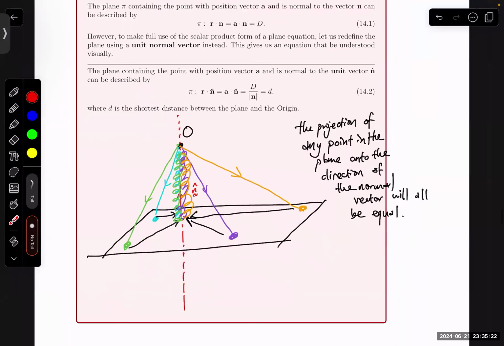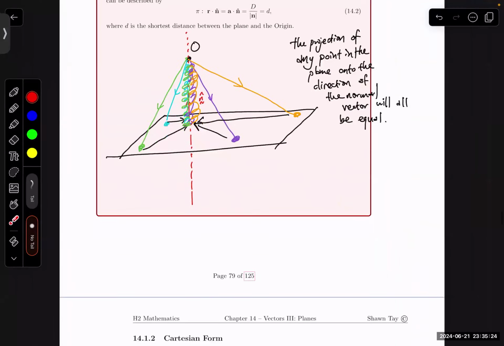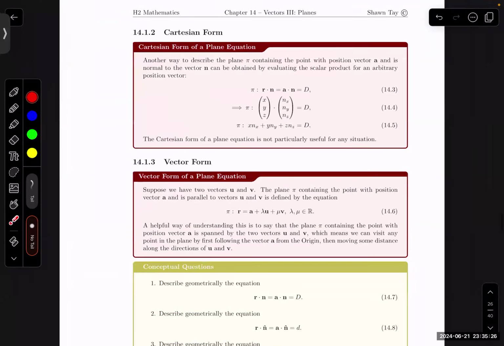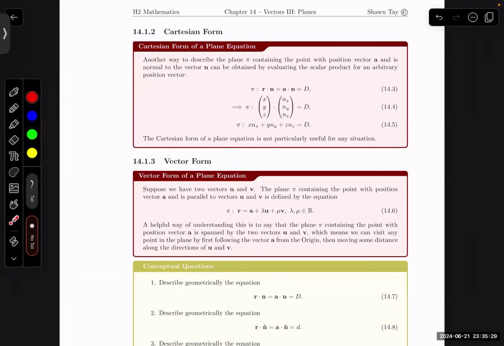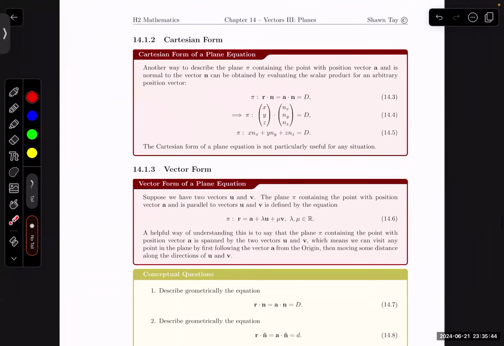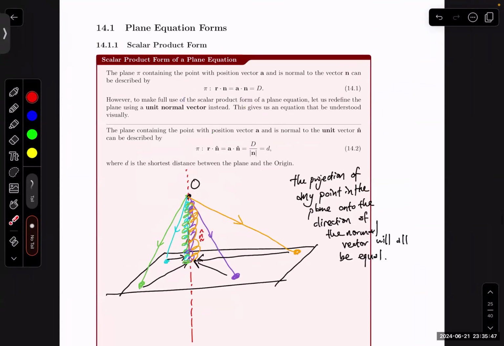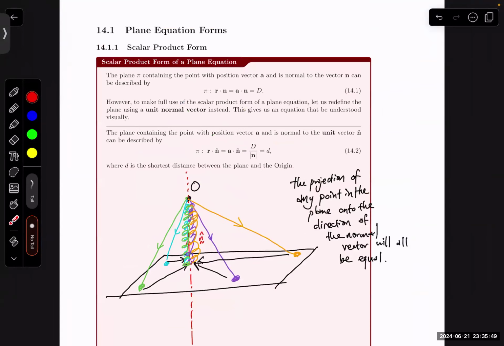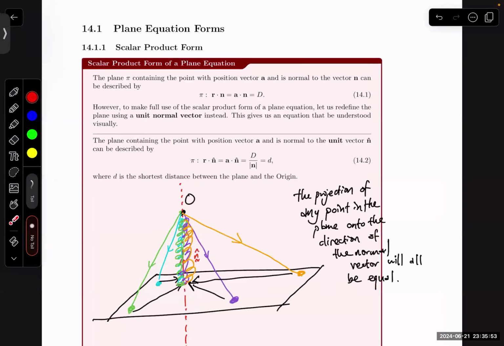Okay, so let's scroll down. We have again different ways to describe the same object, which is the plane. The first way that I did just now is the scalar product form, the dot product form. How that works is literally writing out that the projection always equals the same number. So what does this mean?